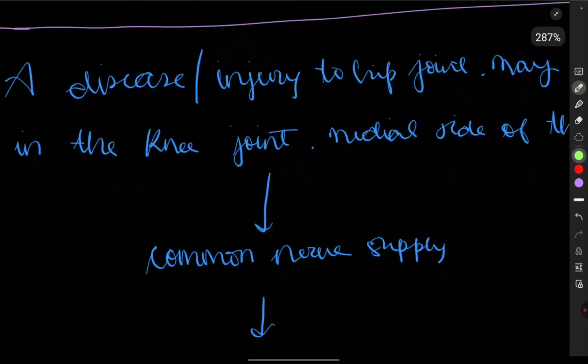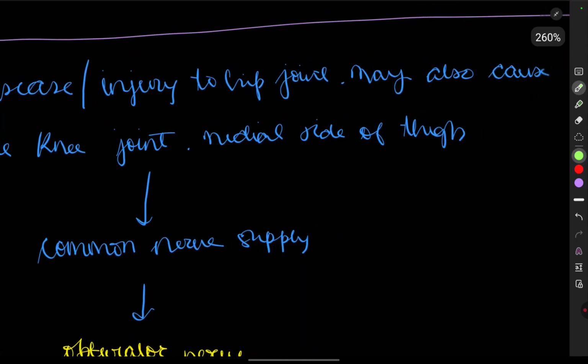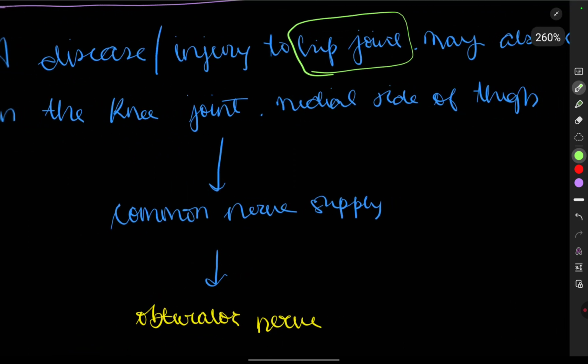Now we are going to see disease or injury in the hip joint. If there is some disease or injury in the hip joint, pain may also be felt in the knee joint.